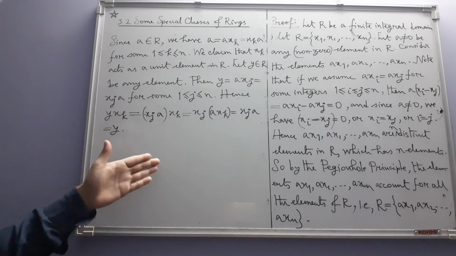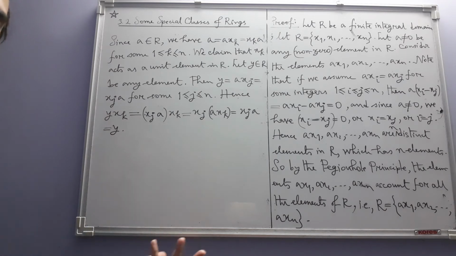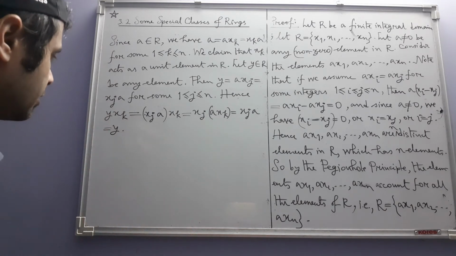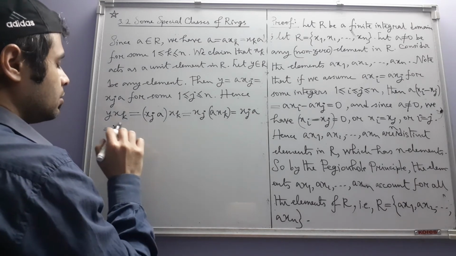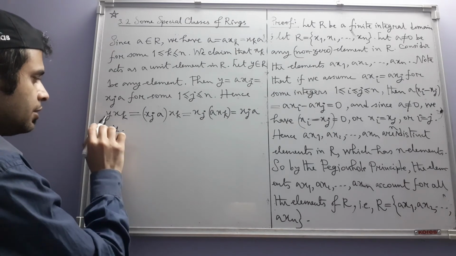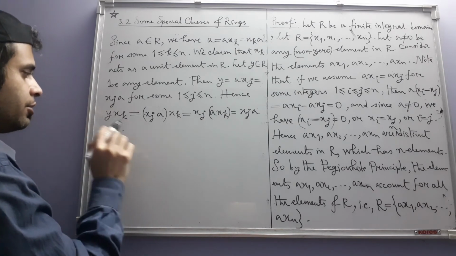You can say the unit element or a unit element, it does not matter. Once a unit element exists, it is unique. We have already seen that. And note one more thing, that here we have yxk equal to y equal to xky.